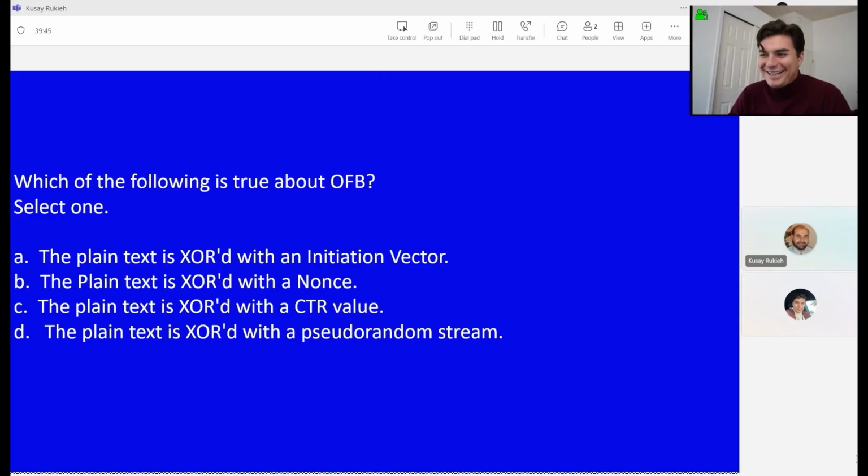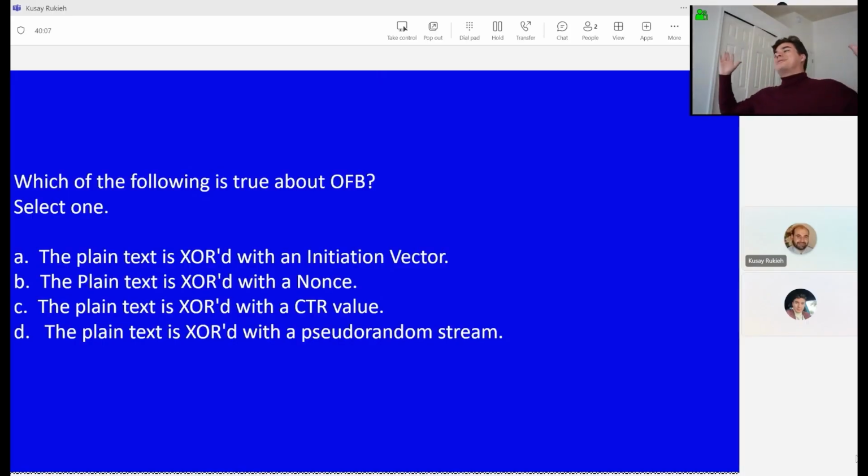Or is it directly XORed? The plain text is XORed with the pseudo random string. Okay, actually, let me go with D. That's because the IV gets encrypted, and then the plain text is XORed with that pseudo random string. Okay, so the answer is D.